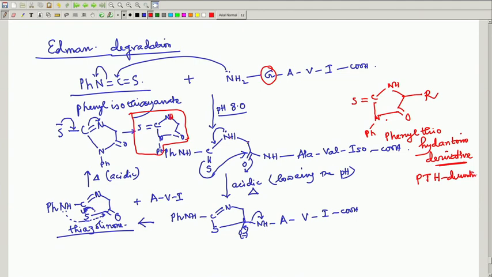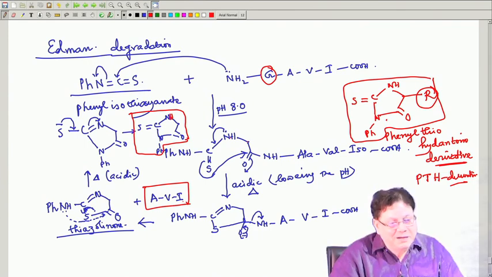This PTH derivative will have different retention time in the column depending on the nature of R. Okay. The beauty of this is that the first amino acid you can locate by doing the HPLC. At the same time, when you do the HPLC, you are separating this tripeptide. So, now you take the tripeptide and repeat the process again.